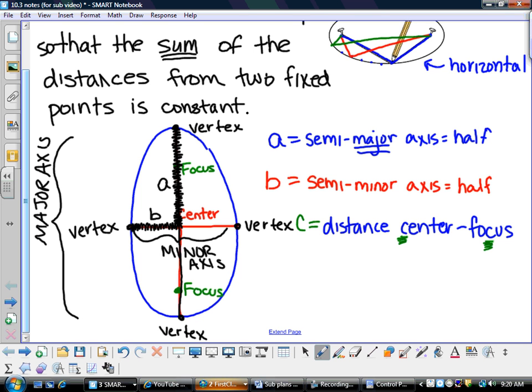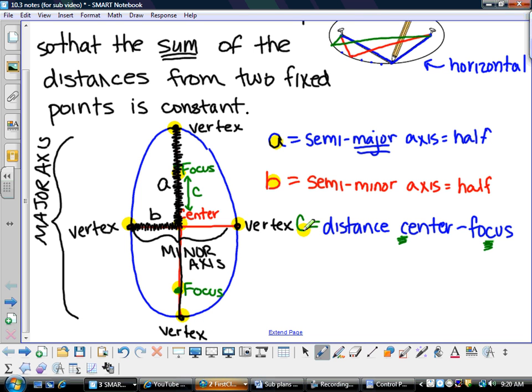That distance is called C. In your picture, it's this distance here from the center to the focus. That's C. We have everything defined. We have the center. We have 4 vertices, 2 foci, and then we have the A, B, and C marked out on our ellipse.